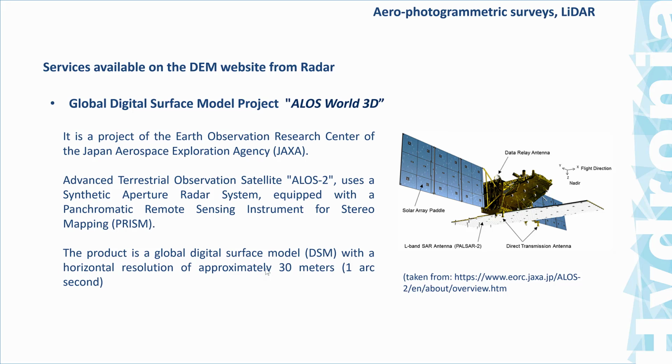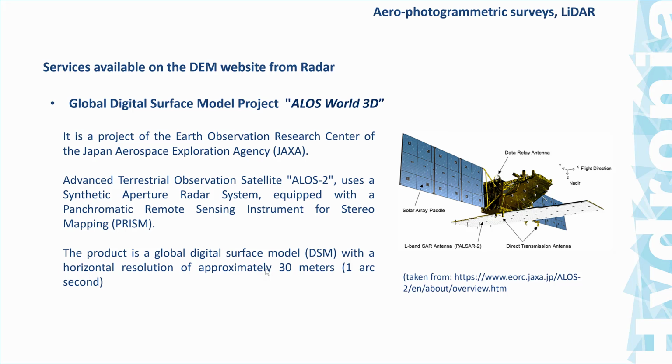It's a Global Digital Surface Model Project, ALOS World 3D. It is a project of the Earth Observation Research Center of the Japan Aerospace Exploration Agency, and it's based on an advanced terrestrial observation satellite that is called ALOS 2. That's how it gets the name ALOS World 3D.